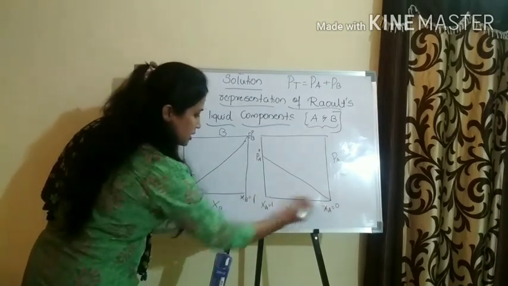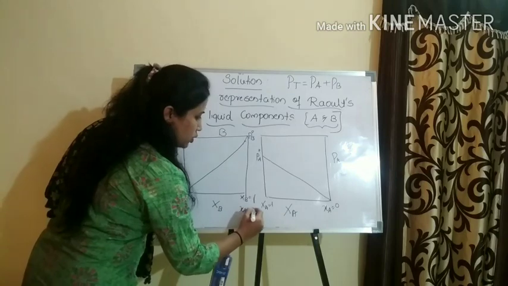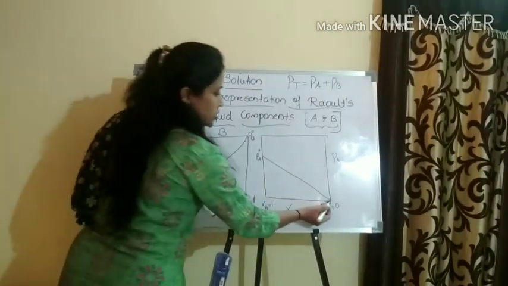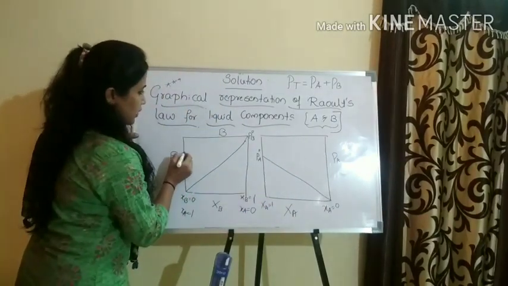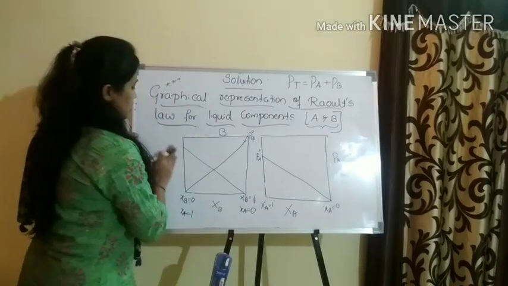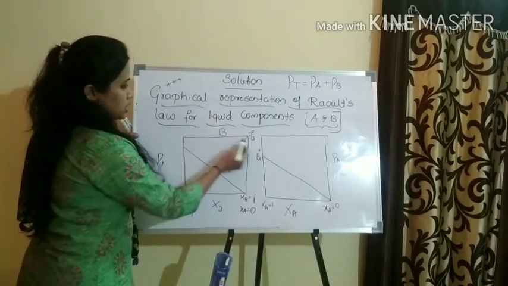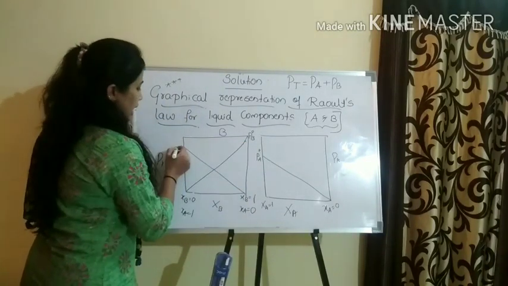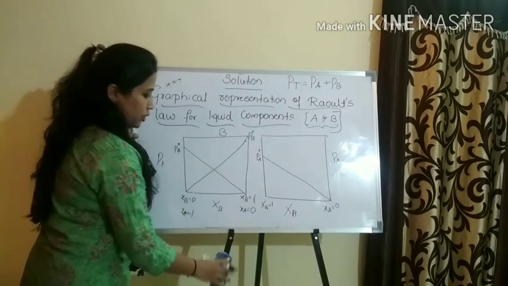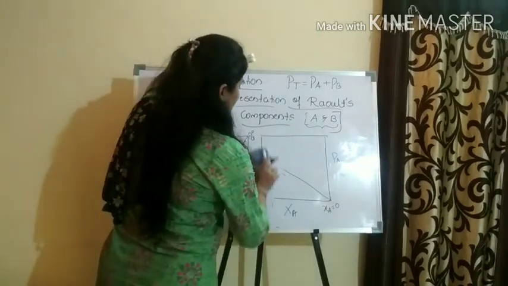Here xA equal to 0, xA equal to 1. How was the graph? It is increasing in this way. So I could draw a graph like this. So this is for P naught B pure and here it is P naught A. It means I have taken this graph and included it over here after mixing. So it's better I just take it off.